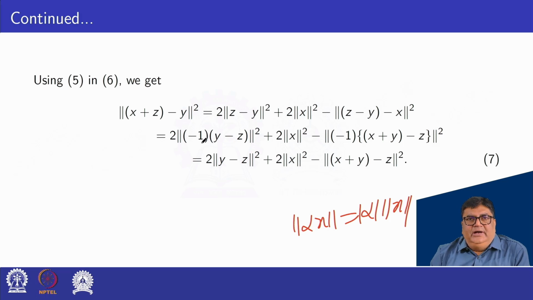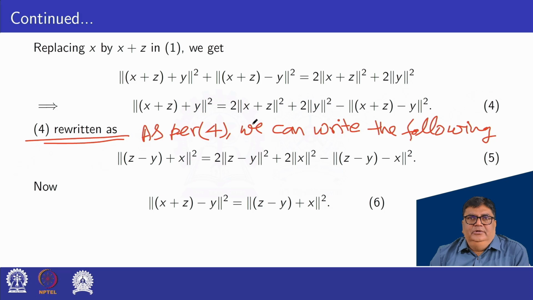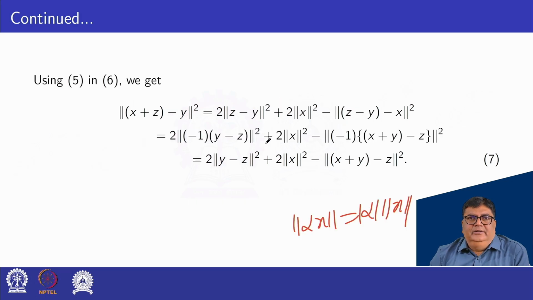So this is mod of minus 1 square, that is 1. This is also mod of minus 1 square. So this expression can be written as 2 norm y minus z square plus 2 norm x square minus norm x plus y minus z square. Equation 7. Using equation 4 and 7. What is 4? This one and 7. This.